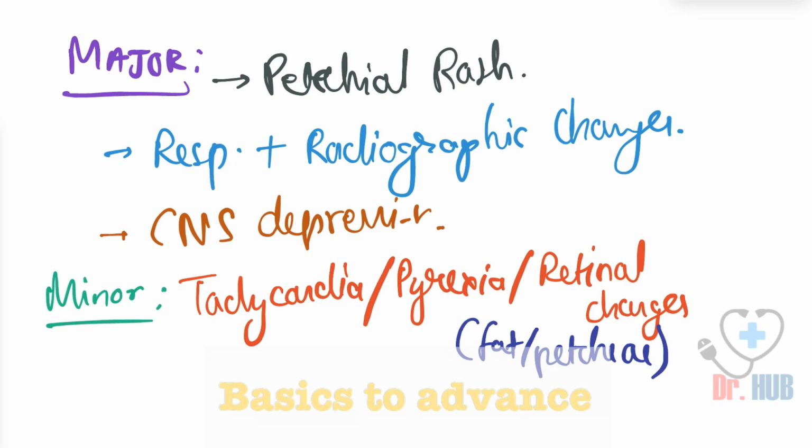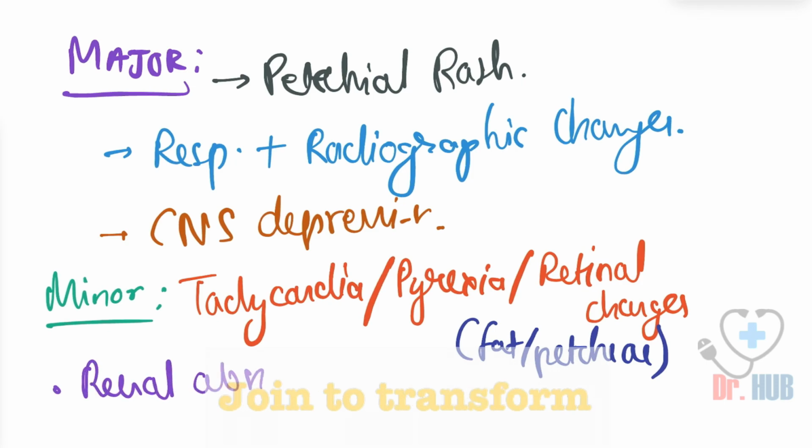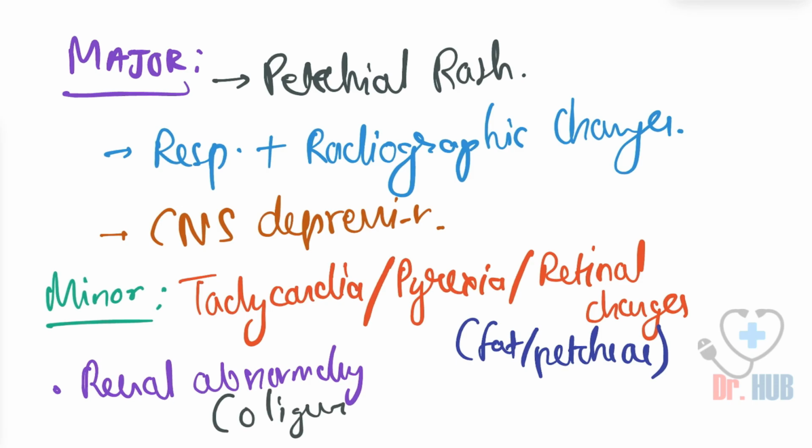Next, there are also the renal abnormalities. The renal abnormality includes oliguria, then anuria, as well as lipiduria.